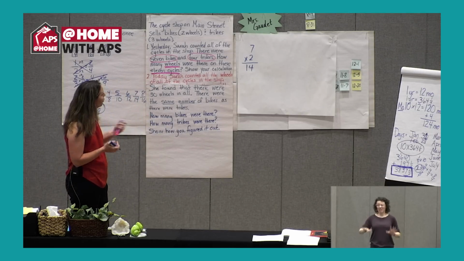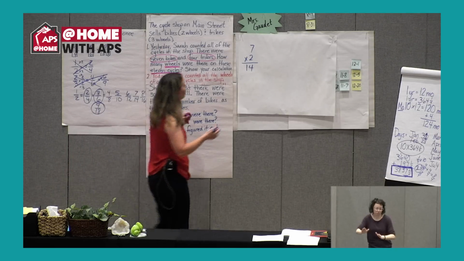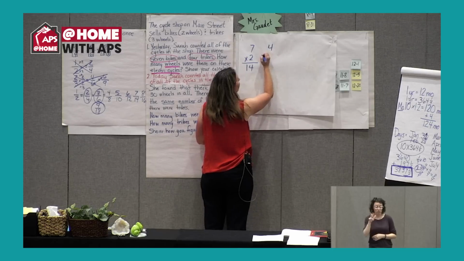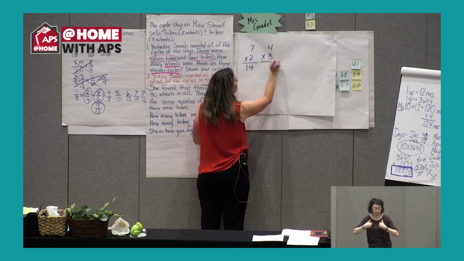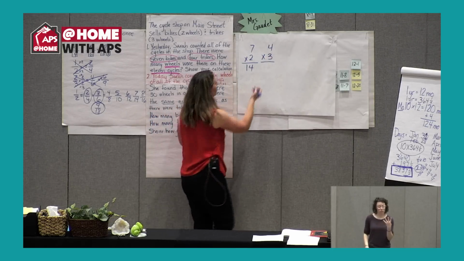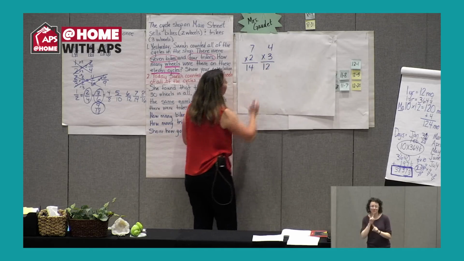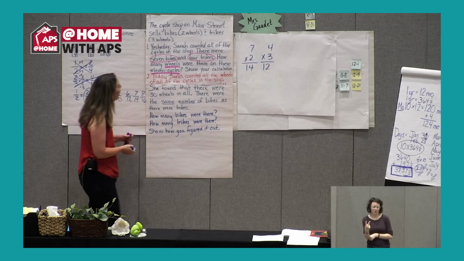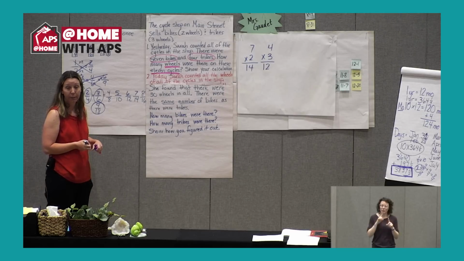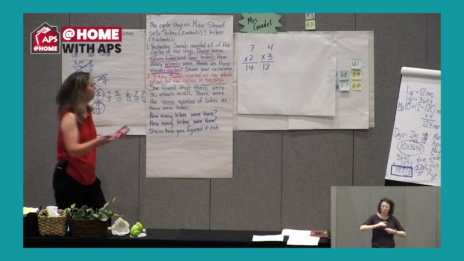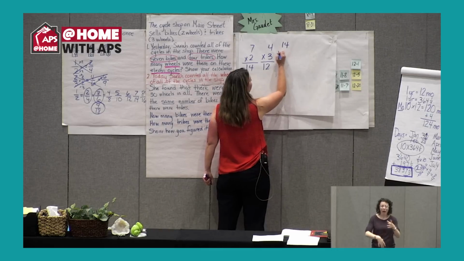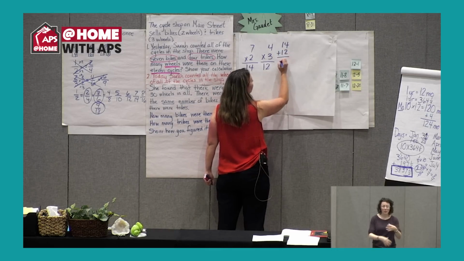We know we have 4 trikes, and there are 3 wheels each. So what is 4 times 3? 12. Then what do you think we're going to do to figure out how many wheels we have? We add them. So we have 14 plus 12 equals 26.